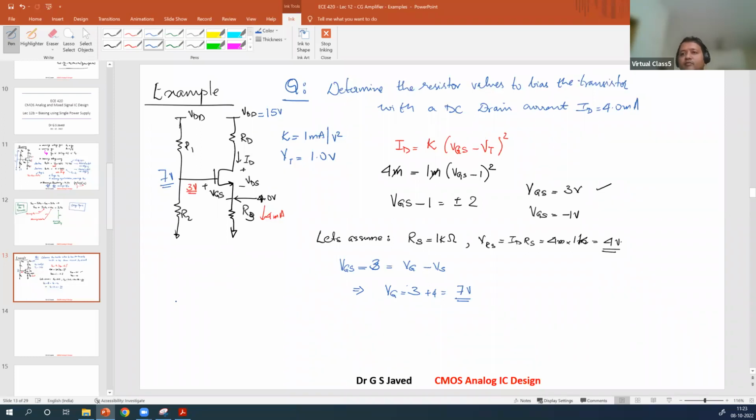So the VG value is given by R2 by R1 plus R2 times VDD, where R1 plus R2 carries the total current that is flowing. So now we know what value we need.